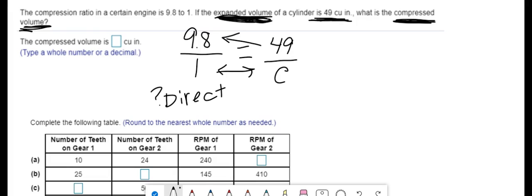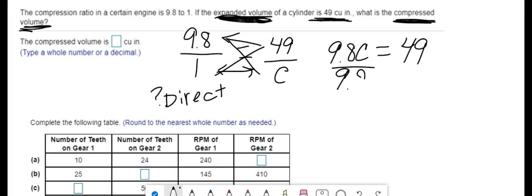Therefore, if you just cross multiply, you get 9.8C equals 49 times 1. Divide both sides by 9.8, and you get C, or the compressed volume, is equal to 49 divided by 9.8, which is 5.